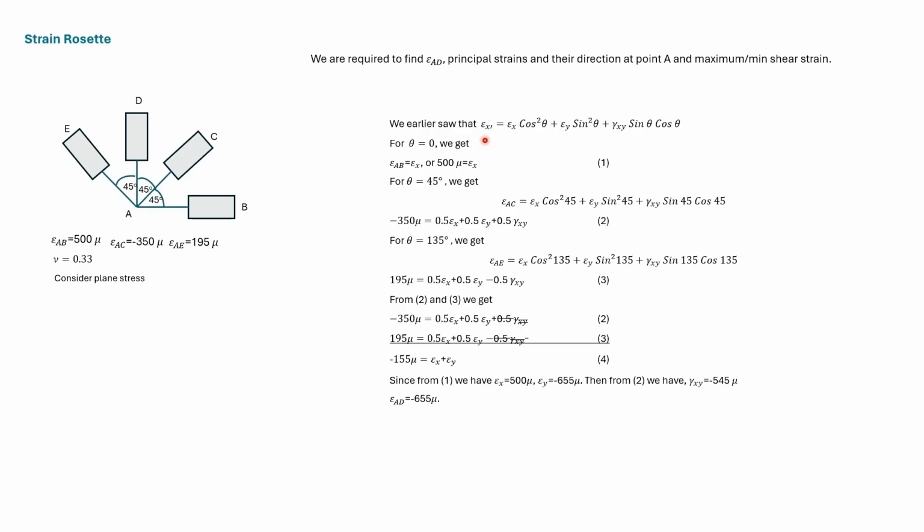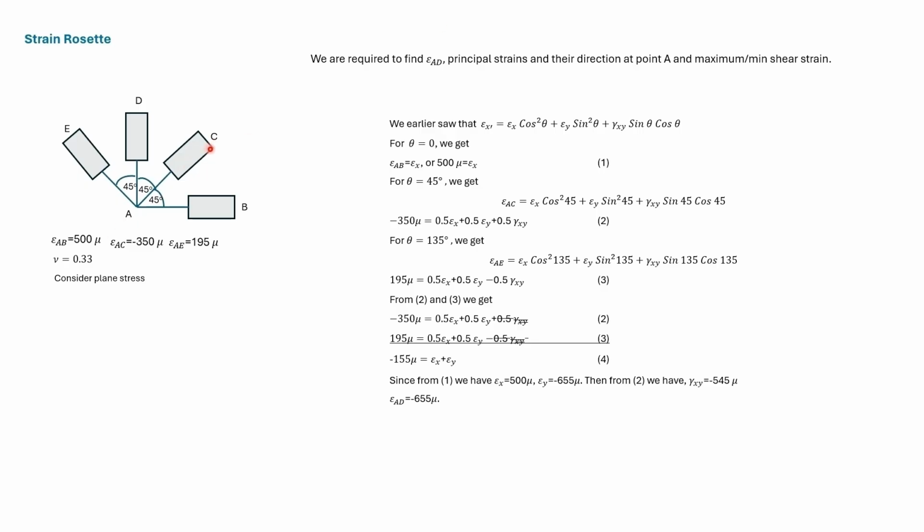Epsilon x dash is given by this formula. We consider the direction of AB as the x direction. So for AB, theta is 0. Epsilon x is epsilon AB, or epsilon x is 500 micron.